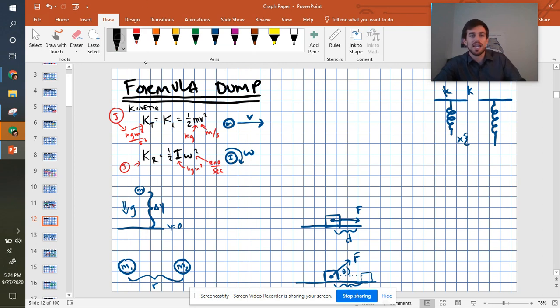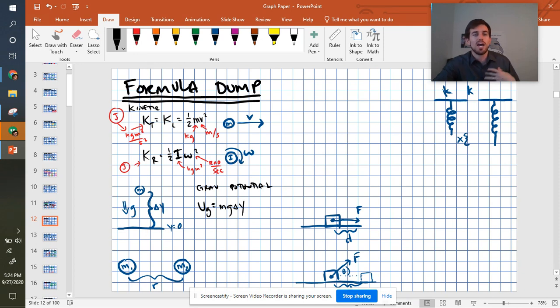Our next thing that we're going to look at is gravitational potential energy. The variable to represent any type of potential energy, we tend to use a U for, and then I'm going to use a lowercase g to say specifically what kind of potential energy we're dealing with here. So that's U_g, and the formula for that is m times g times delta y.